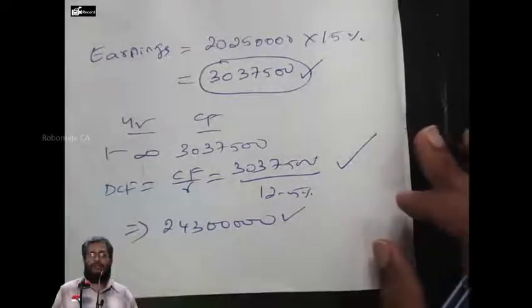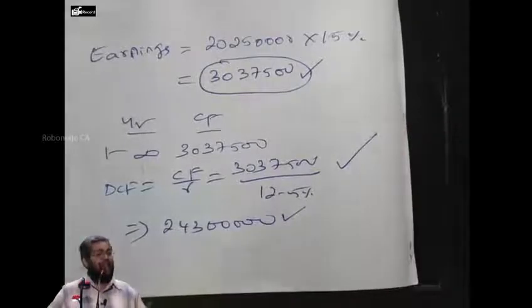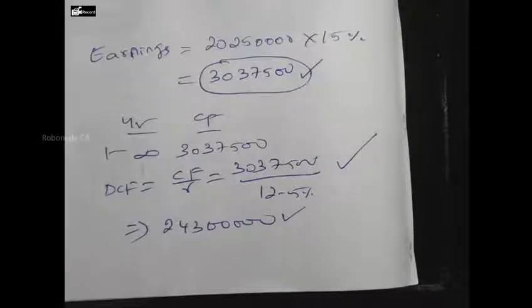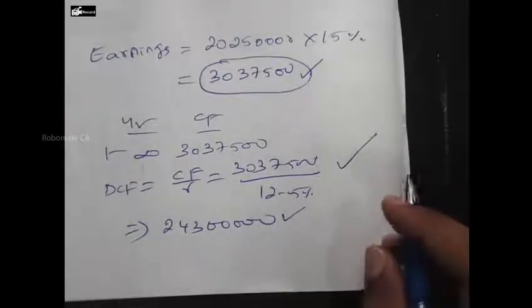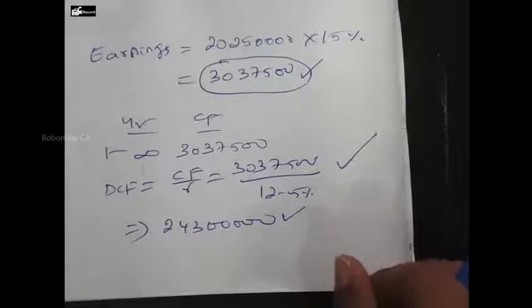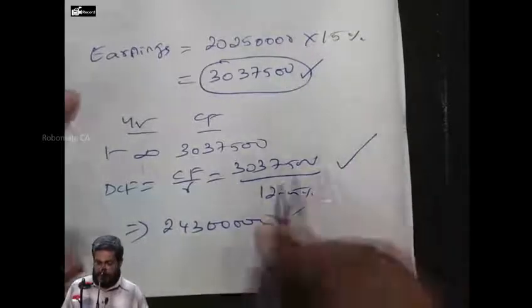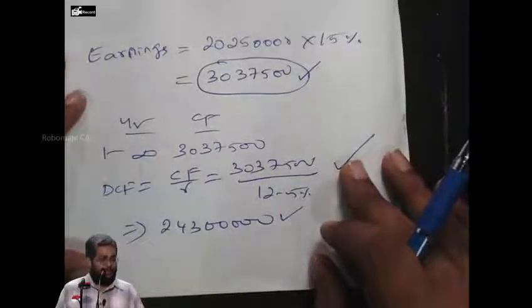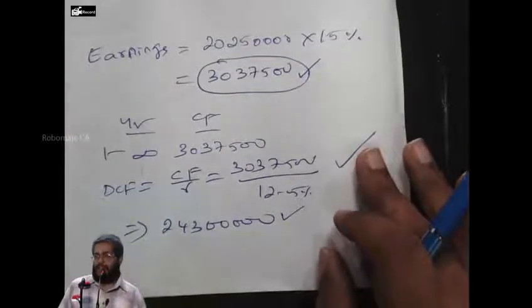Now, write down point number 4. The new investment is 2 crore 2 lakh 50,000 and its NPV is, can you tell me the difference here? 2 crore 43 lakh minus 2 crore 2 lakh 50,000, how much is going to be the NPV? 40 lakh 50,000.